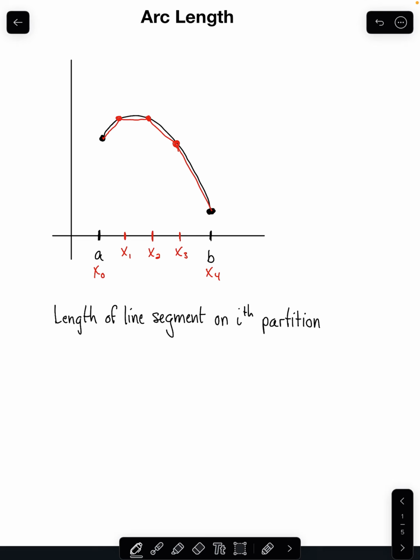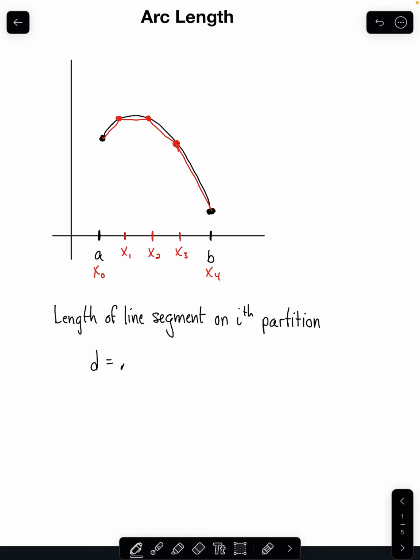Every diagonal line, and we know this from dealing with the unit circle in trigonometry, can be broken down into a horizontal component and a vertical component. The horizontal component is nothing more than the difference in the x values, and the vertical component is nothing more than the difference in the y values. But the line segment itself and those horizontal and vertical components form a right triangle. The line segment is the hypotenuse of that triangle.